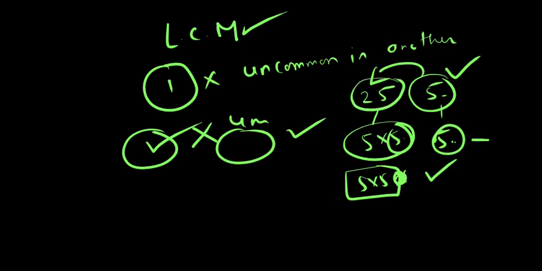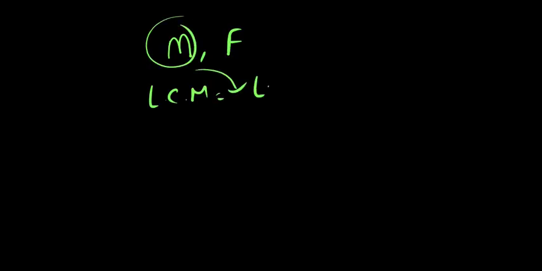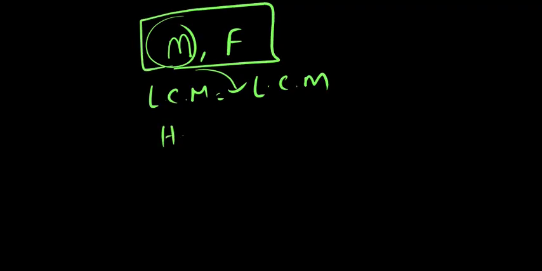Okay. When they give a multiple and a factor, if you want to find LCM, this multiple becomes the least common multiple of these two. And when it comes to HCF, which is nothing but what is common in both, in a multiple and a factor, the factor will be the common.